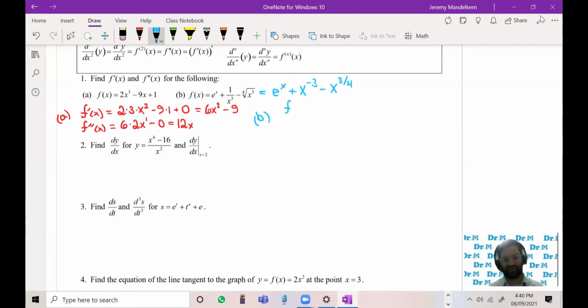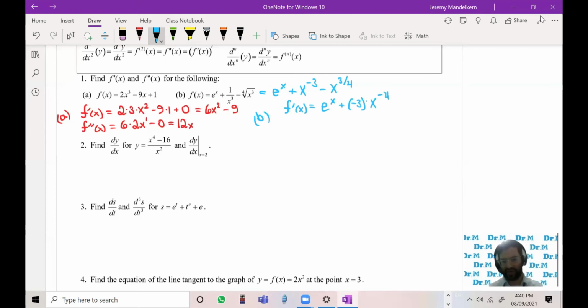We have f prime of x. The derivative of e to the x is e to the x. The derivative of x to the -3, so let's just copy that plus symbol. We pull down the -3, and that's times x to the power -4. We reduce by 1.